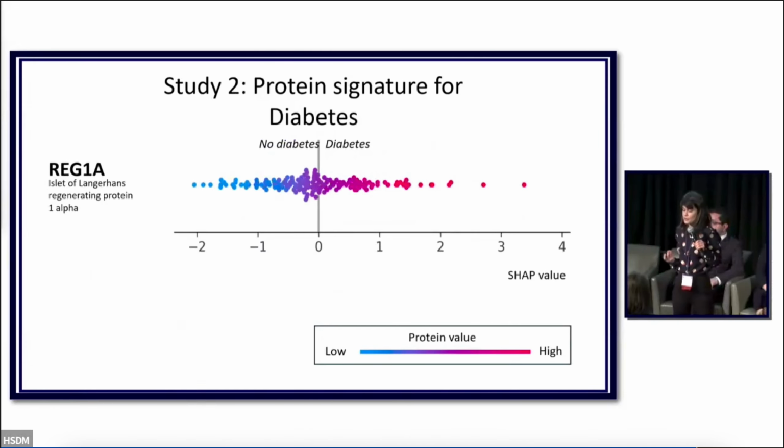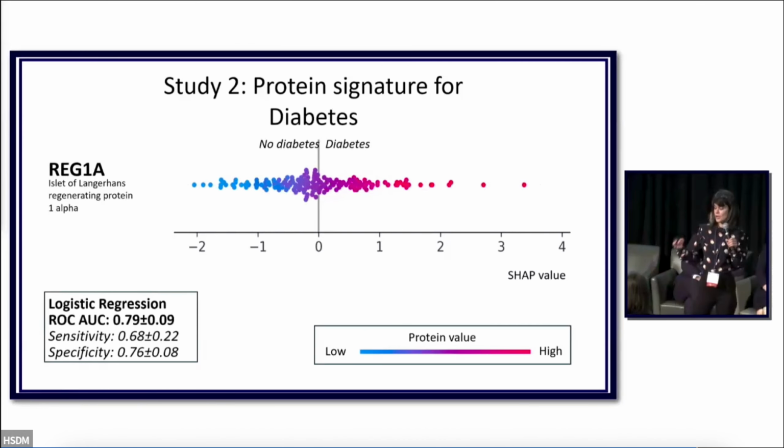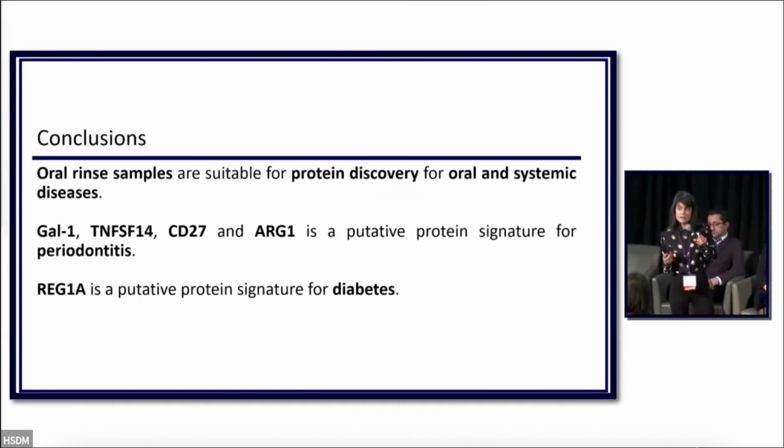A high value of the protein REG1 alpha means that there is a higher likelihood for that person to have diabetes. And here we can see also the metrics, which means that good enough metrics give us a more reliable protein signature. Okay, so let's go back to the research questions.